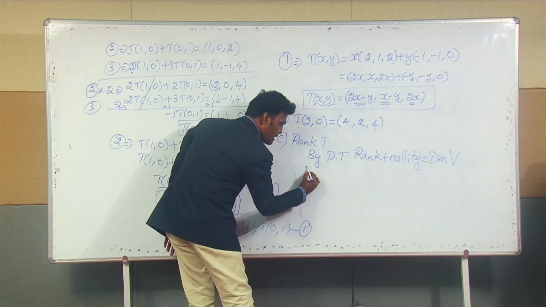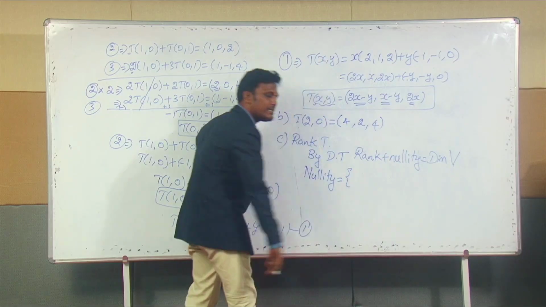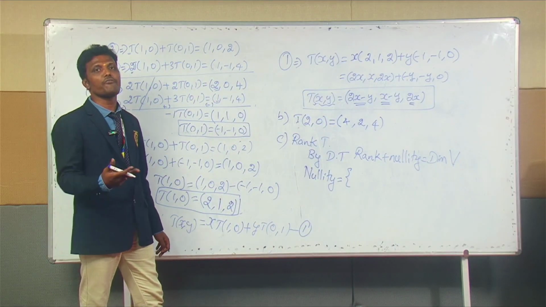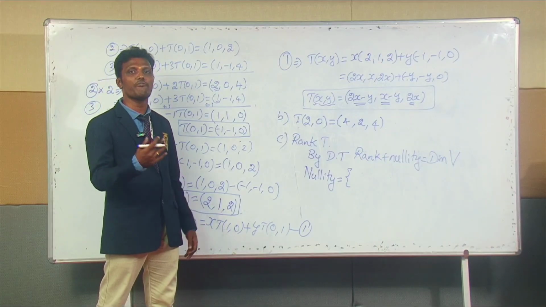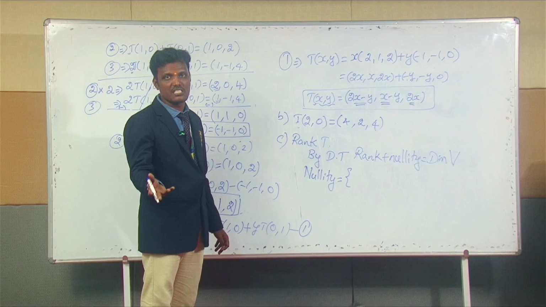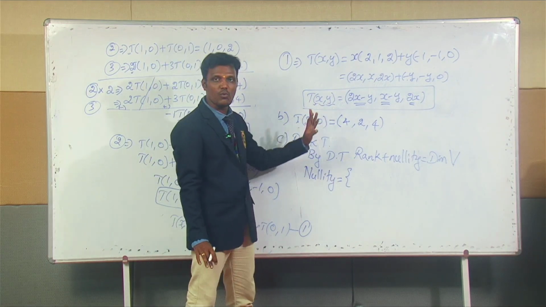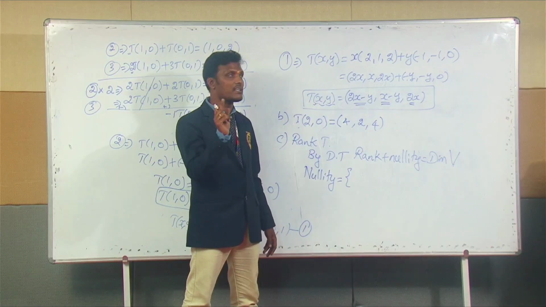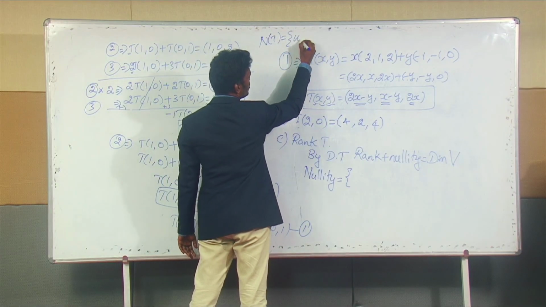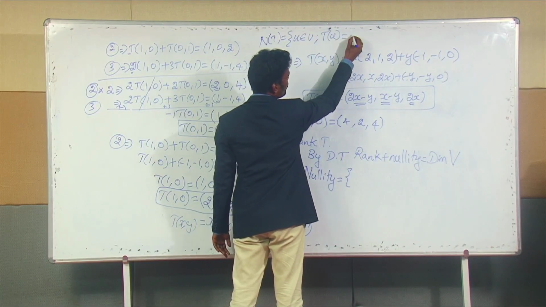So for that, how do we find the nullity? Nullity is nothing but the dimension of N of T, the dimension of the null space. What is the null space? The elements whose image is 0. In general, N of T is the set of u belonging to V such that T of u equals 0.